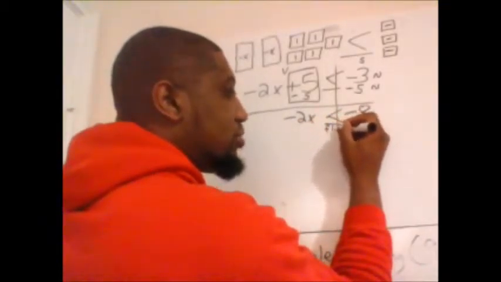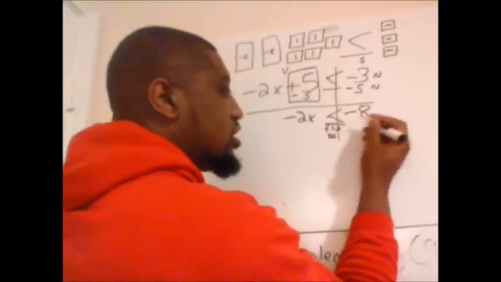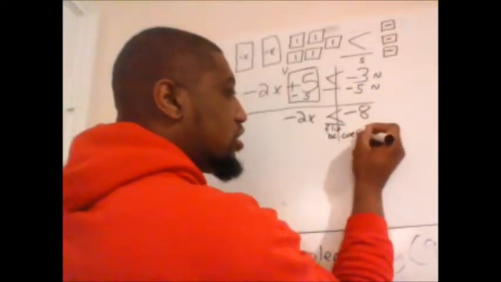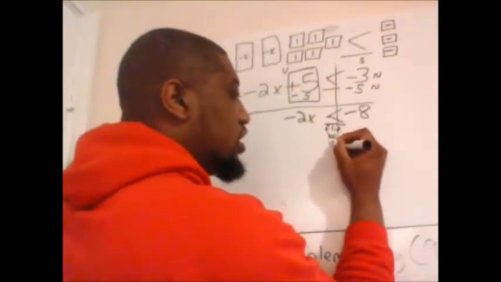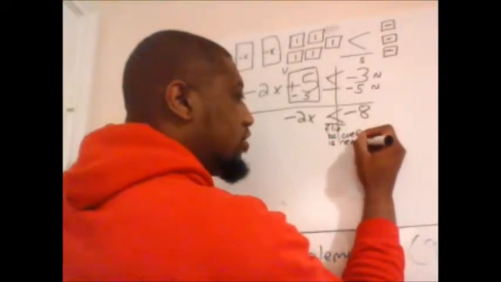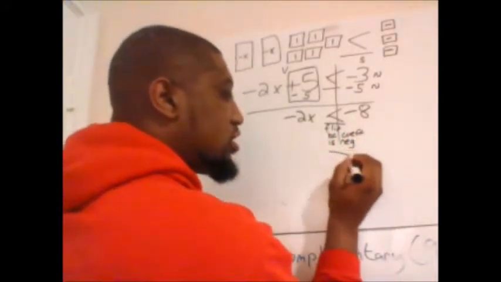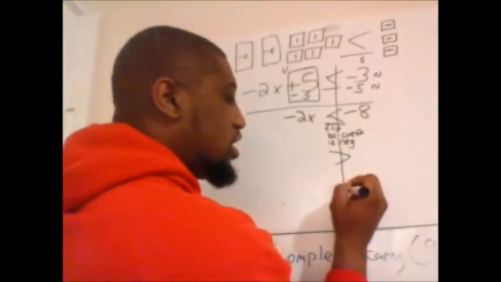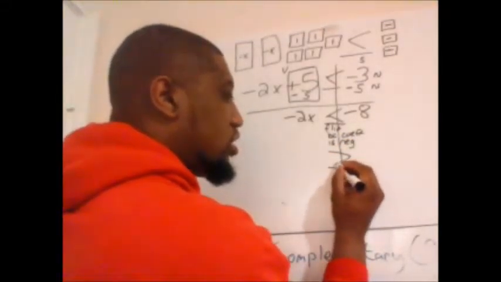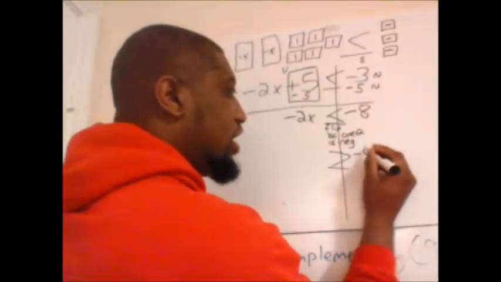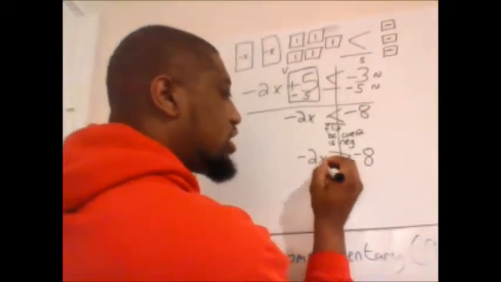So I want to write flip because coefficient is negative. So I'm going to flip this or reverse it in the other direction. Then I'm going to keep my negative 8, keep my negative 2x.